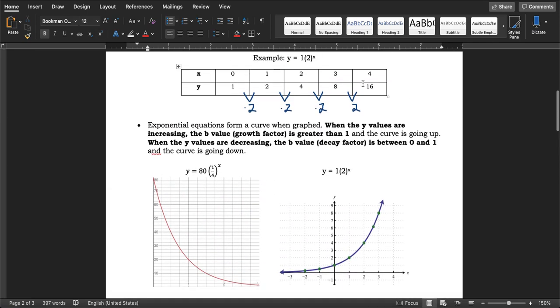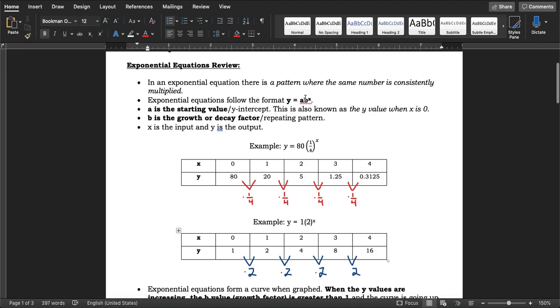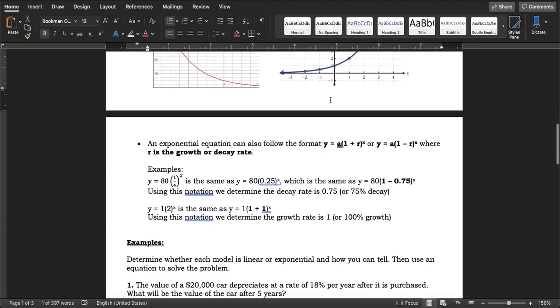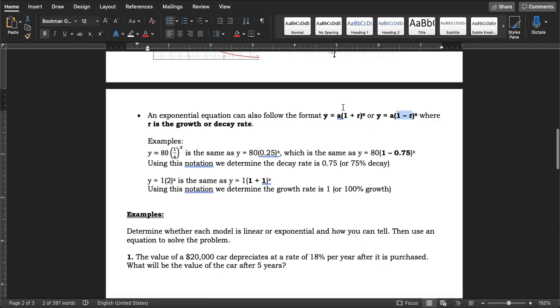The only difference is that inside the parentheses, I'm not using b anymore to explain what's happening with the growth or decay. This time I'm using 1 plus r or 1 minus r. So I'll know which formula to use depending on whether my exponential equation represents growth or decay.